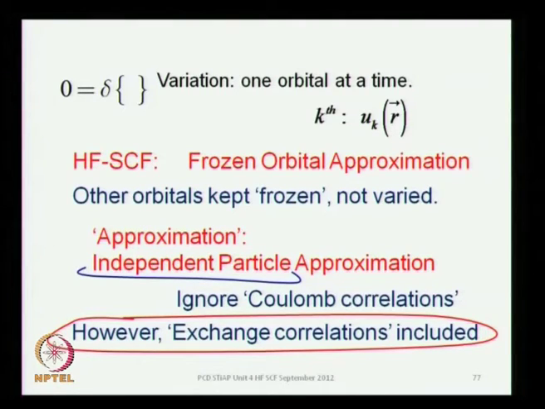So, correlations are of two kinds. You have Coulomb correlations and exchange correlations. Now, exchange correlations are indeed taken into account in the Hartree-Fock formalism. How and why? Because they come from the Fermi-Dirac statistics.